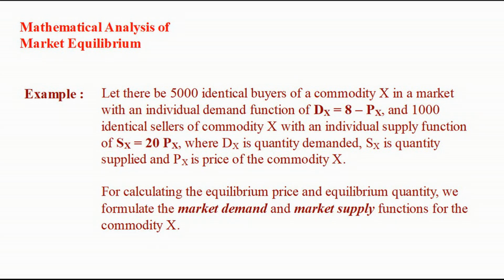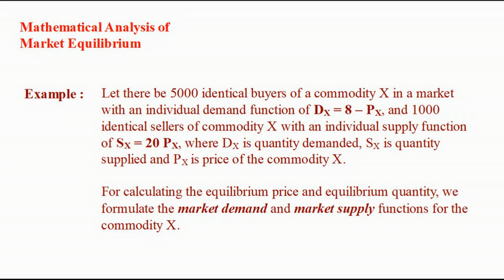This is the mathematical analysis of market equilibrium. And there is an example. The example says, let there be 5,000 identical buyers of a commodity X in the market with an individual demand function of Dx equals 8 minus Px. This is the individual demand function, but we have 5,000 identical buyers in the market, and there are 1,000 identical sellers of a commodity X with an individual supply function of Sx equals 20Px.